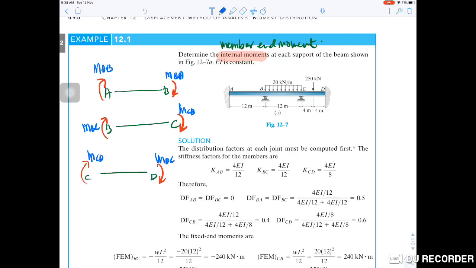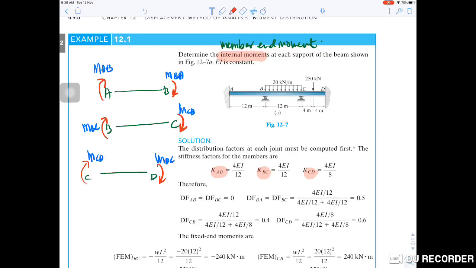Okay, step number 1. Since there are 3 members, member AB, member BC, and member CD, we need to determine 3 stiffness factors. Remember that the stiffness is for element. Since we have 3 elements, we have 3 member stiffness factors. For member AB, we have to refer to the far end condition, because B is internal, so we need to look at A. A is fixed, so we use the formula for far end fixed.